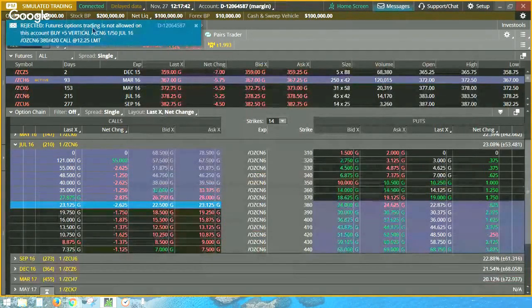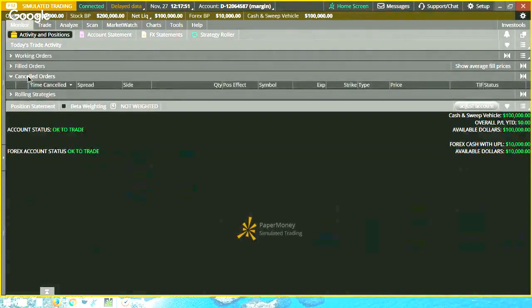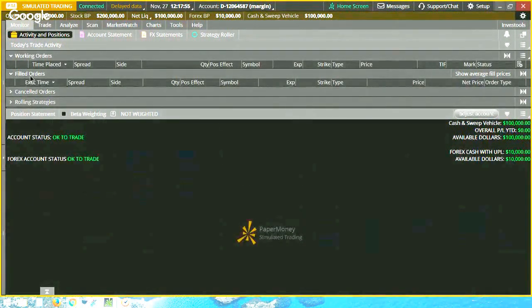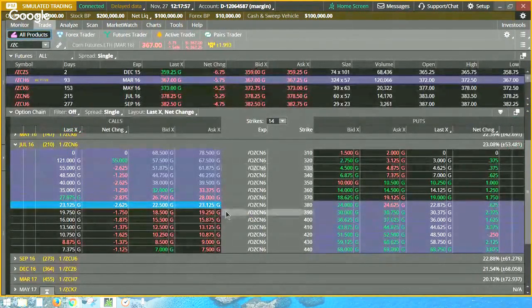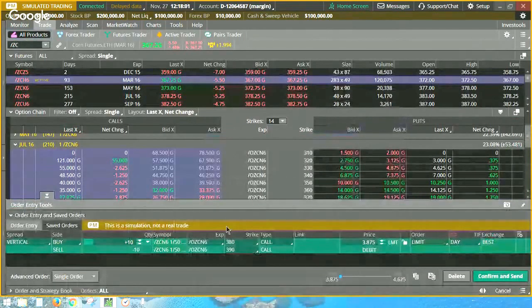That one's sent out. And for some reason we got rejected. Let me just see why that got rejected. Let's do it again. So we're going to right click on the buy, do a vertical.